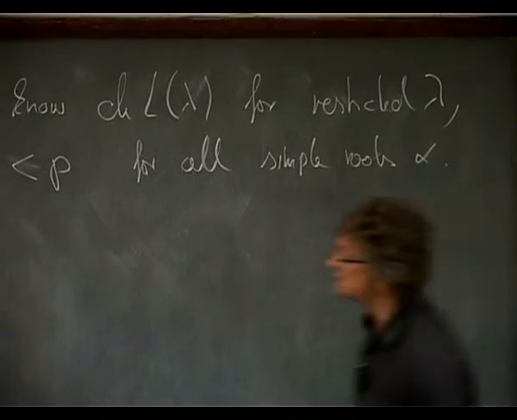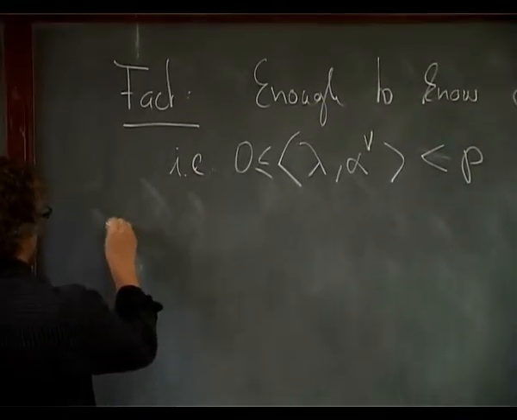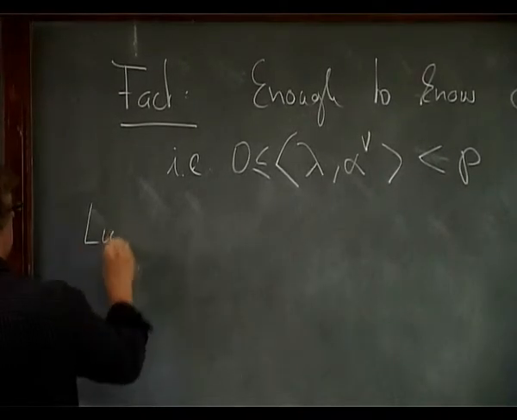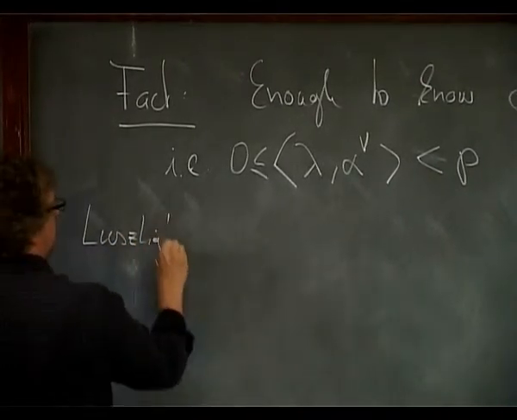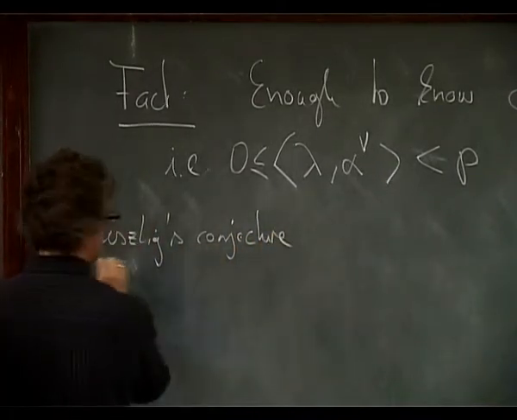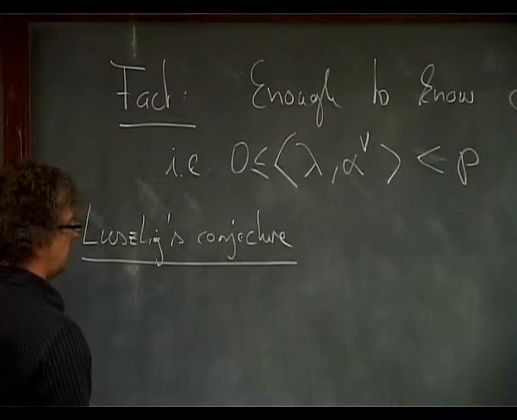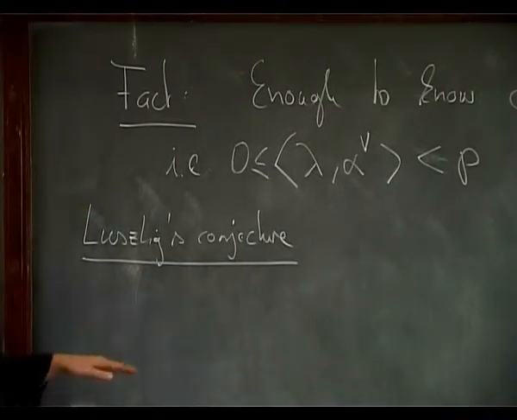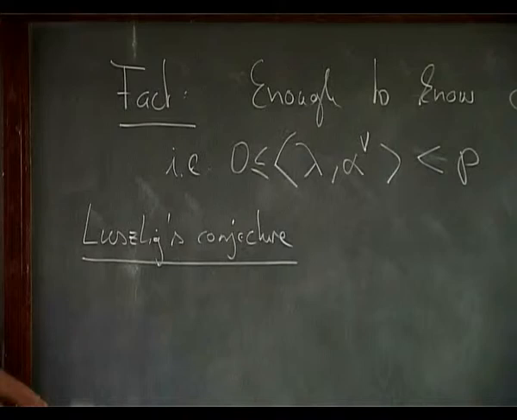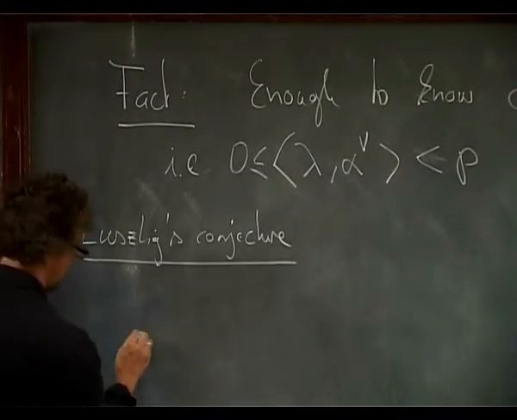And in this case, Lusztig has a conjecture. So this conjecture is a little bit technical. There will be a lot of things appearing that I don't really want to define, because it's really a technical thing.